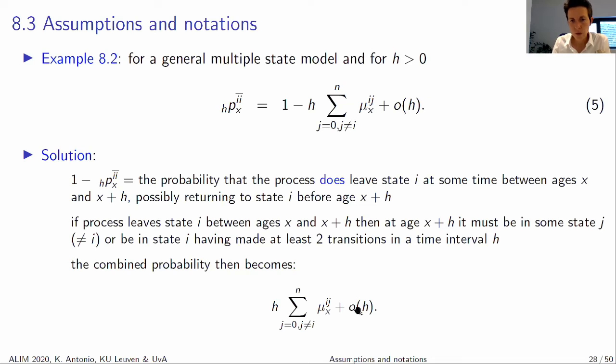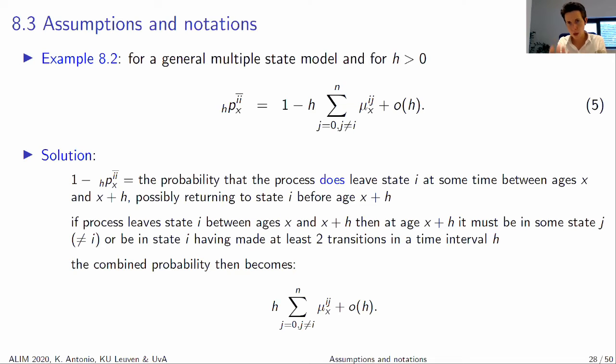And next to that, if you say, imagine that you're back in state i at x plus h, then you should have made at least 2 moves, and that probability is little o of h. Yeah, so that's how we can see that the expression here at the top is a valid expression. So that's a lot of words. I'll try to do some more handwriting for the rest of the class.